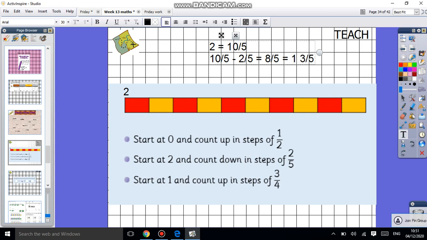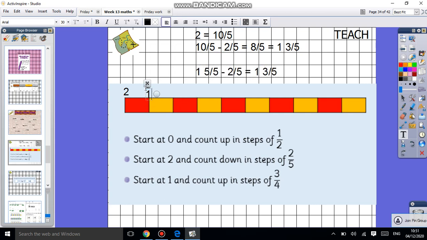You could also do it where you do 2 is equal to 1 and 5/5, and then take away 2/5, which would give you the same answer of 1 and 3/5. So it's whichever method you feel comfortable doing for that one. Either way, my answer is 1 and 3/5.